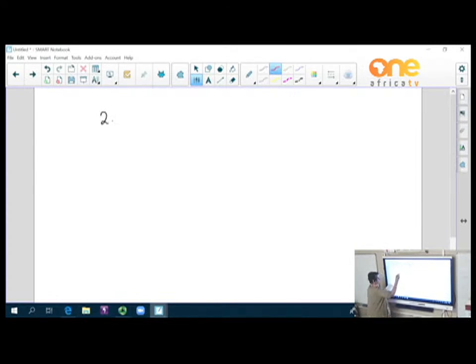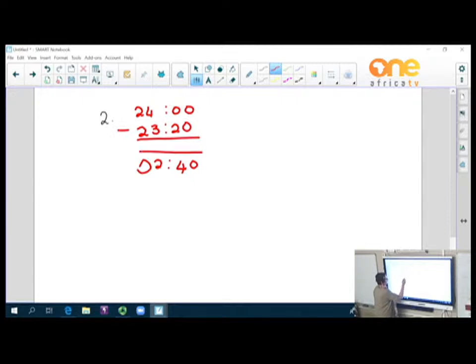A car left Windhoek at 23:20, close to midnight, on December the 18th, and arrived in Swakop at 2:40 on the 19th, on the next day. So again, we'll start here with 24 hours and first find out how much time was already in this day then there.